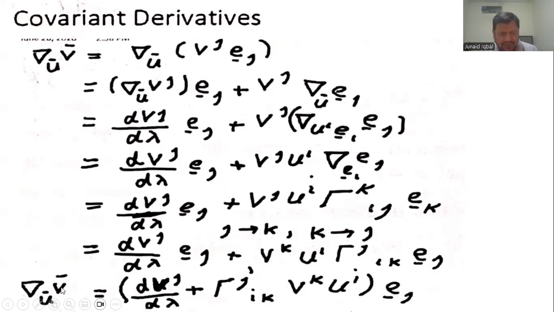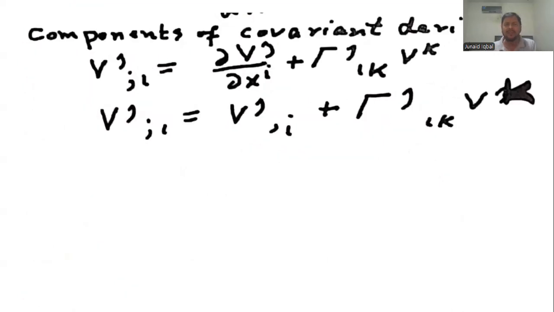Therefore, the covariant derivative of vector v with respect to u is equal to the right hand side of the last equation. You can see here that the covariant derivative of vector v with respect to u is clearly a vector. Similarly, in terms of components, the covariant derivative is defined by this symbol on the left hand side, v super j semicolon i. It means it is the components of the covariant derivative of a vector.